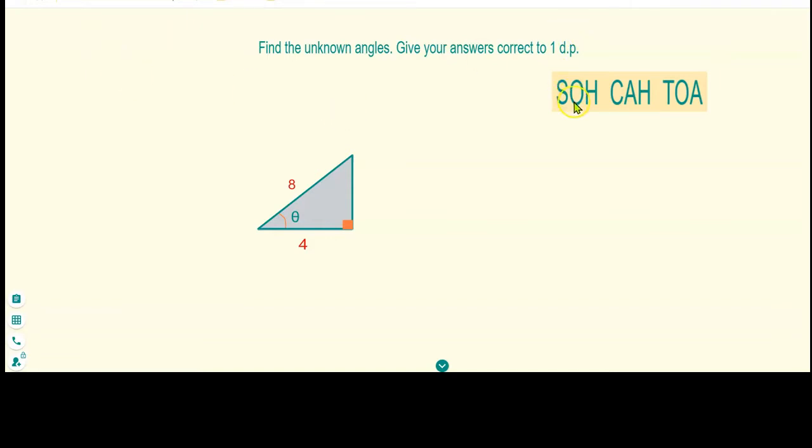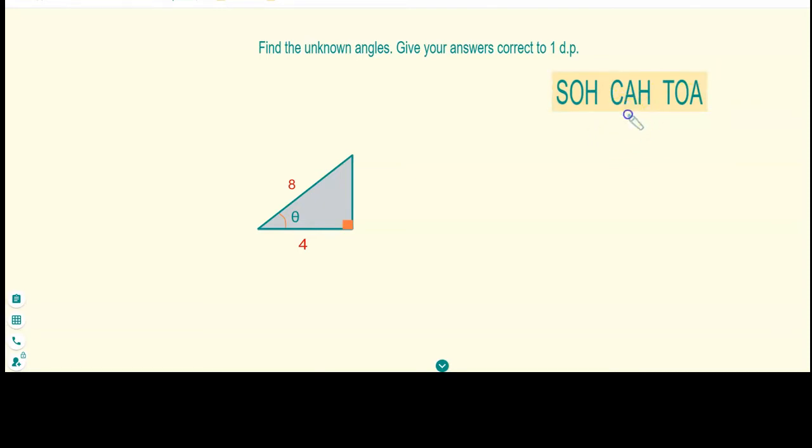So I've got the mnemonic device here, SOHCAHTOA, as a guide to know what ratio we're going to use. Check out these right-angled triangles, and we're going to see what sides are given and what is unknown. 4 is the side next to the angle, and that is our adjacent side. Which of these functions has the adjacent side?